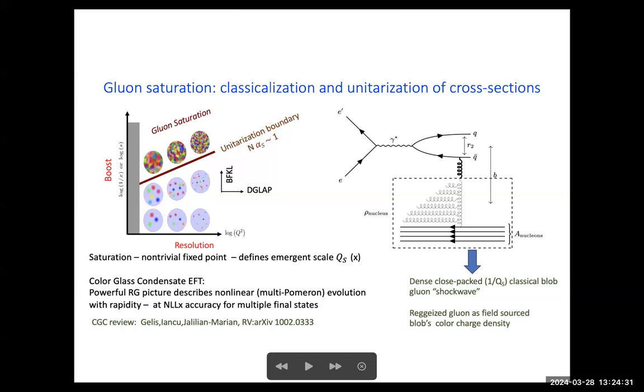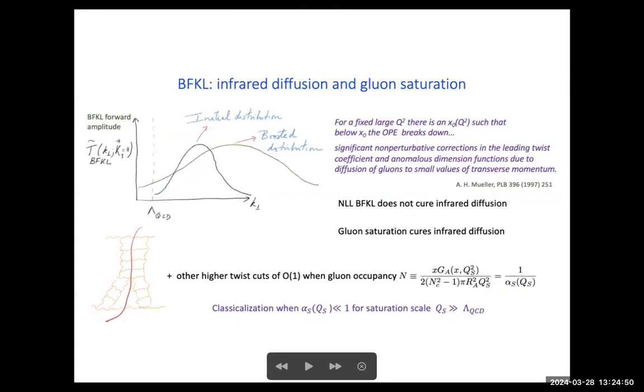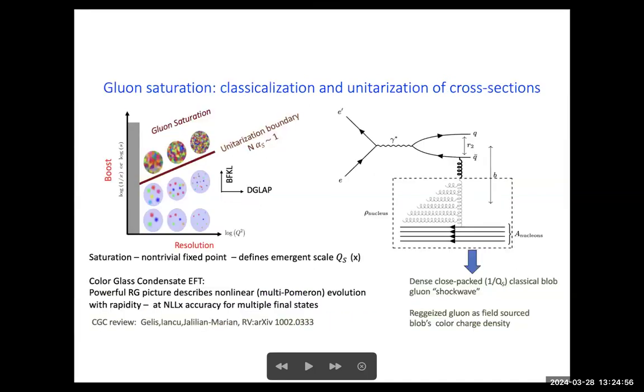And so there's an EFT which describes this regime, and that's called the color glass condensate. It's a very powerful RG picture which describes these so-called saturated states. In the classical Regge language, these multi-ladders that I showed you are like multi-Pomeron ladders, the old Regge language. These can all be described by this EFT.